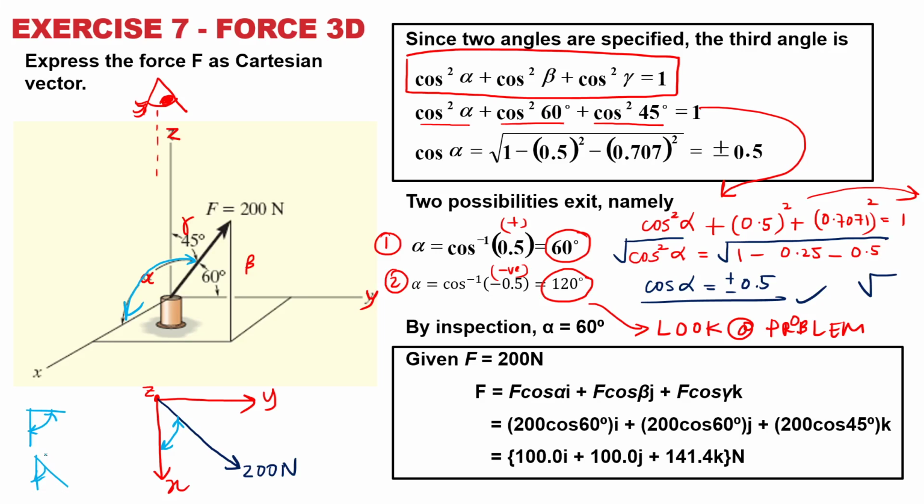So when you're looking at alpha, you're basically looking at this alpha. This alpha is not more than 90 degrees. Alpha is less than 90 degrees. So it cannot be 120. 120 is wrong. So you have to choose 60 degrees. No choice. So 60 degrees is your angle.